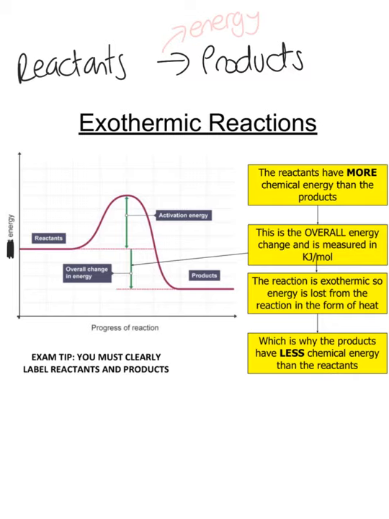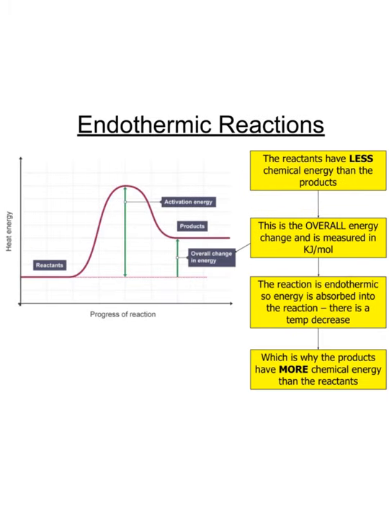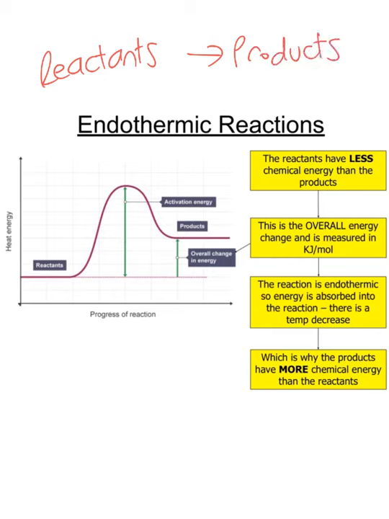Now we're going to do exactly the same thing, but we're going to look at an endothermic reaction. So in an endothermic reaction, we are still going from reactants into products. You can see there on the graph, the reactants are always listed before the products. However, you have got energy coming into the reaction because it's an endothermic reaction.